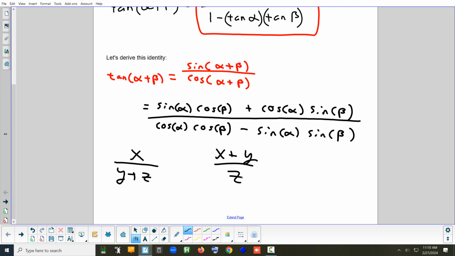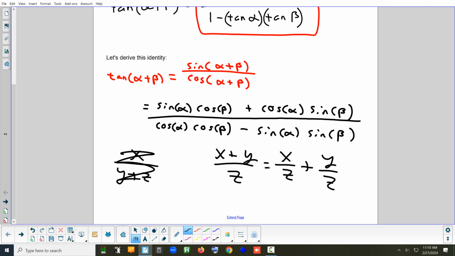If you want to split that into two fractions with the same denominator, let's do x over z plus y over z. That's the rule. You can take each part of the numerator and put it over the same denominator.